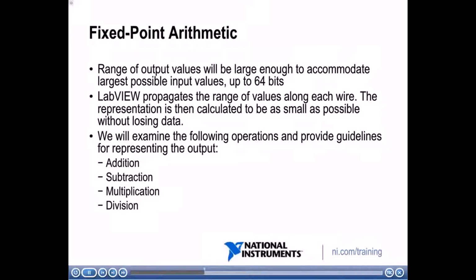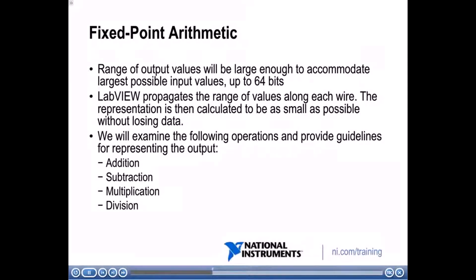The point is that it needs to be large enough so you don't lose any data from the operation, because sometimes you're going to need to grow that fixed point configuration to accommodate a higher maximum, for example, or a more precise delta. And the 64-bit limitation is just a limitation of the fixed point data type itself. The highest precision it can represent is 64 bits, so the maximum word length is 64 bits.